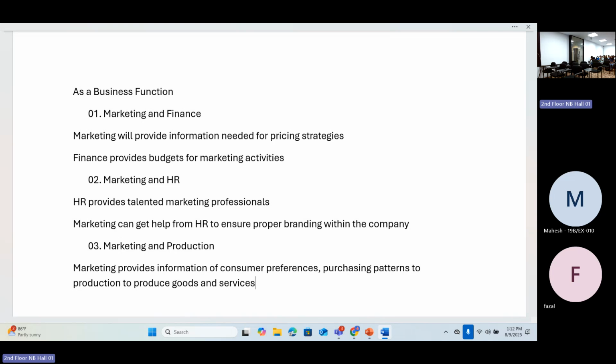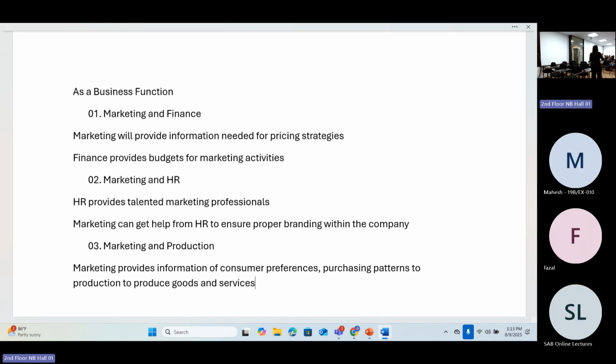Then next importance is as a skill, right? In marketing, it provides mainly two skills, which we categorize as market sensing skill and another one is market relating skill. Sensing skill means what marketing is doing is they will try to find out what are the changes or the trends in the market, right?